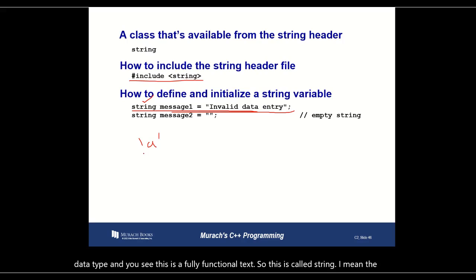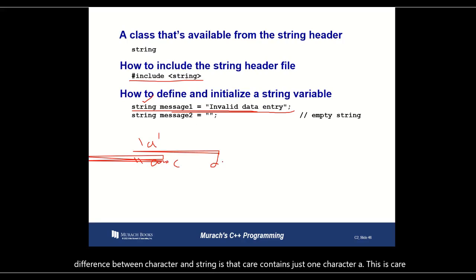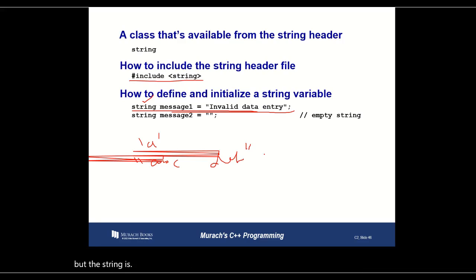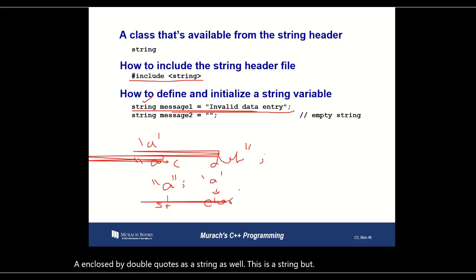This is char, but the string is a, b, c, d, e, f. This is a total string. But you can use a enclosed by double quotes as a string as well. This is a string, but this one is a char.